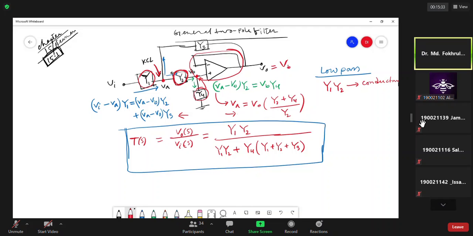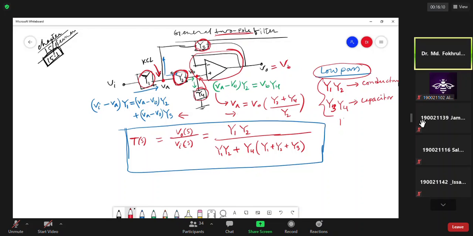So if Y4 is a capacitor, and in order to produce the two-pole function, Y3 should also be a capacitor. So Y3 and Y4 will be capacitors. If we maintain this condition, we will have a low pass filter.